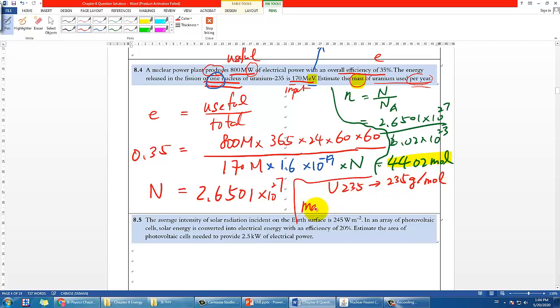So in order to find the mass, you could simply multiply the number of mole with 235, then you can get the answer of 1034507 gram, and put it in a more suitable unit, kg, then you will find it's around 1034 kg.